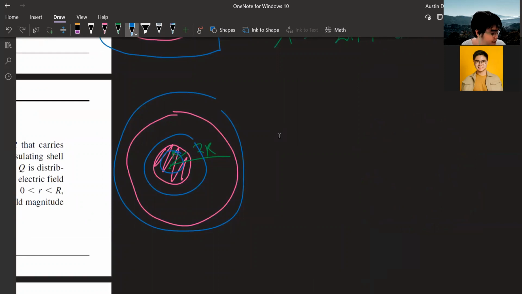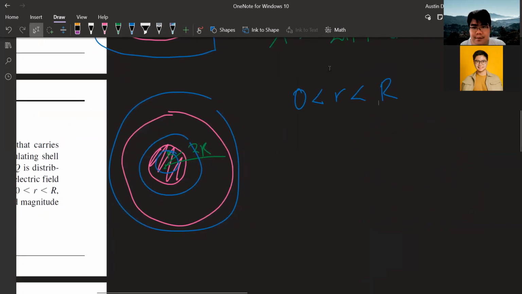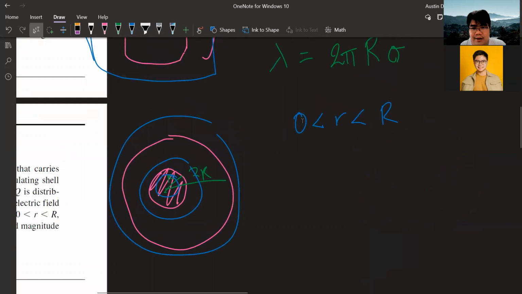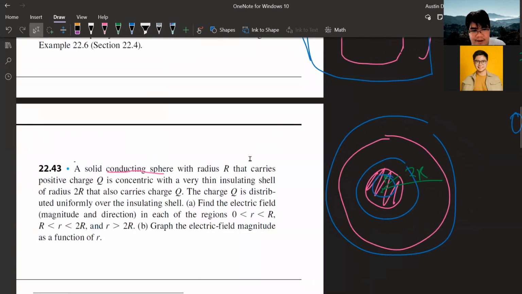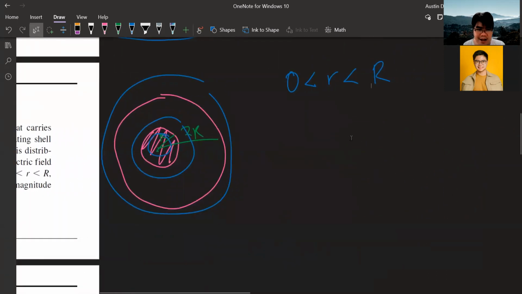Okay, sulat natin para hindi tayo malito. For the region 0 to R, between the center and the first radius, capital R, ayun yung solid sphere mo. Solid conducting sphere. Therefore, without any calculations, you can say that E is 0.